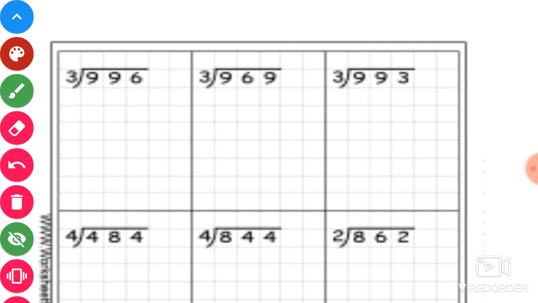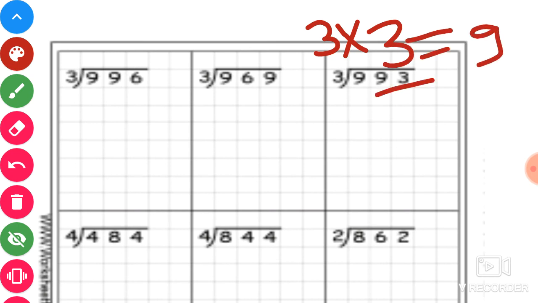Yes, in 3's table we get 9. 3 3s are 9, so we will write 3. We will subtract 9 from 9. We will get a cross here. Now we have to carry down this second number, which is again 9.